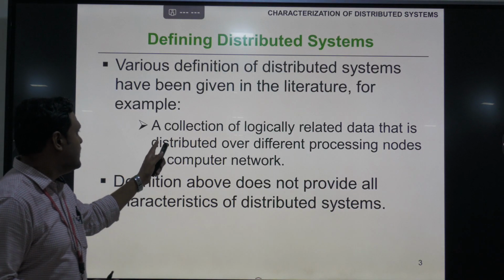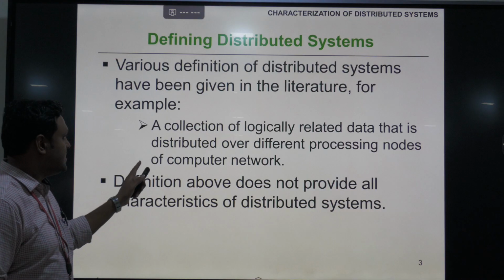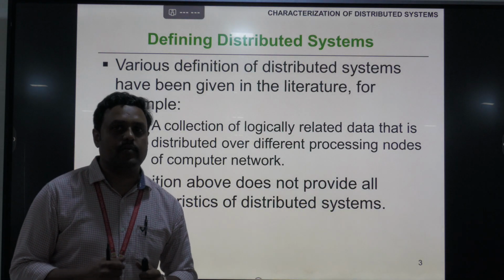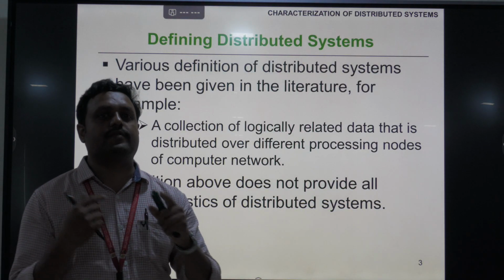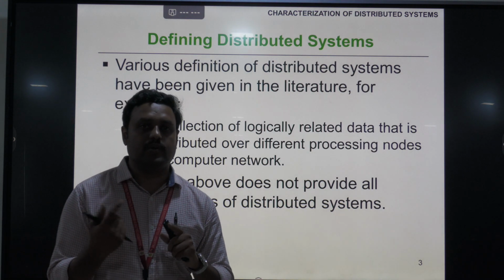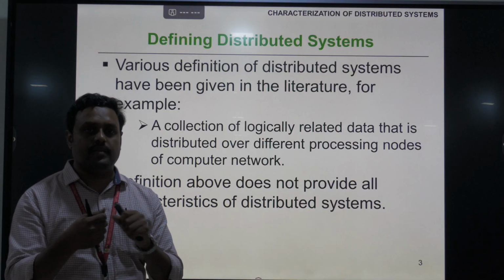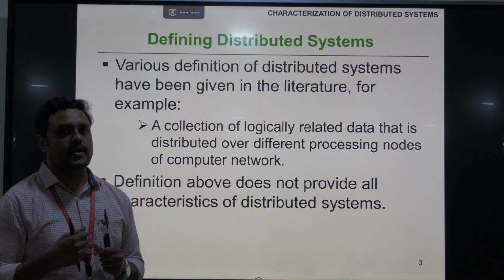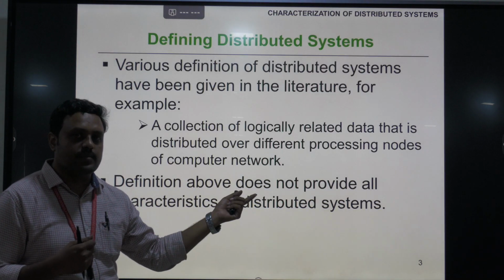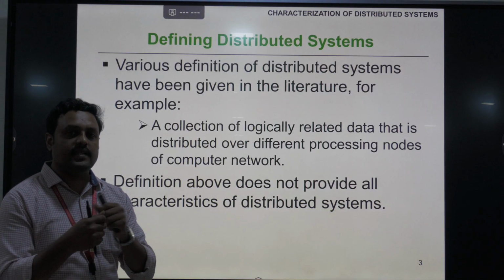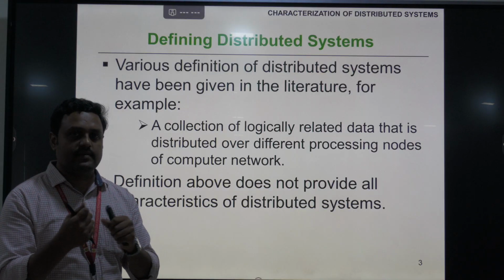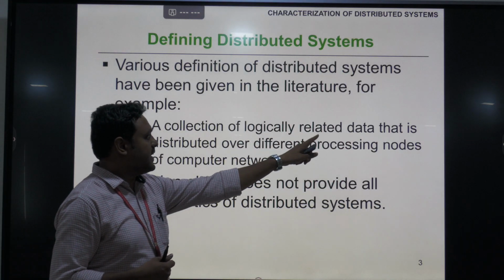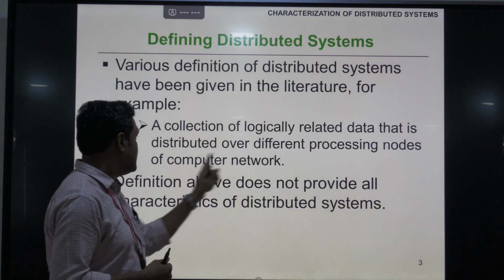This is the first one: a collection of logically related data that is distributed over different processing nodes of a computer network.